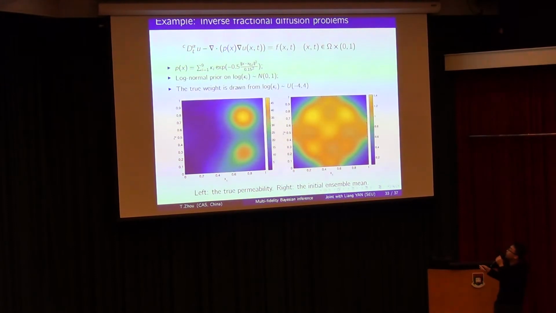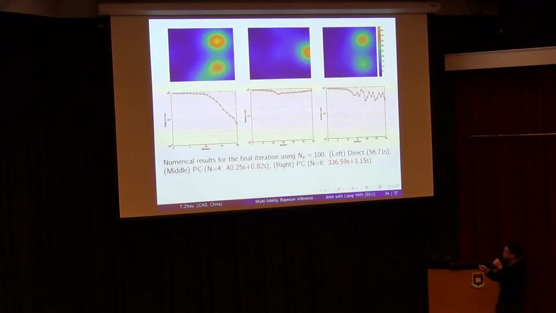And this is another example using EnKF. The purpose is also to recover this field here. It's a 9-dimensional problem, with nine unknown parameters, and this is the true field. With a polynomial-based single-fidelity approach, you can't get a good approximation of the true field, even with very high polynomial order.